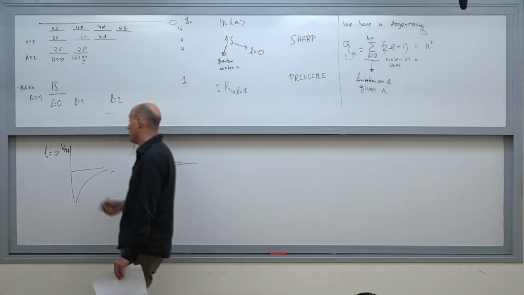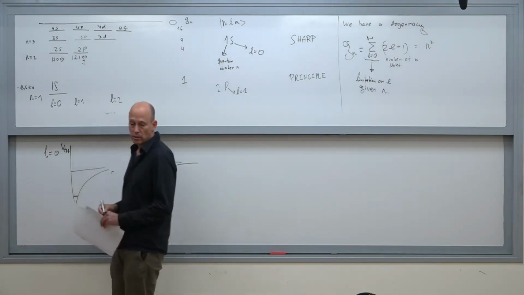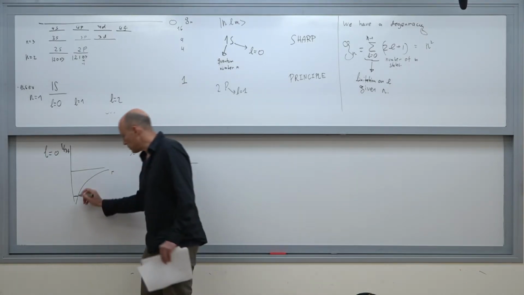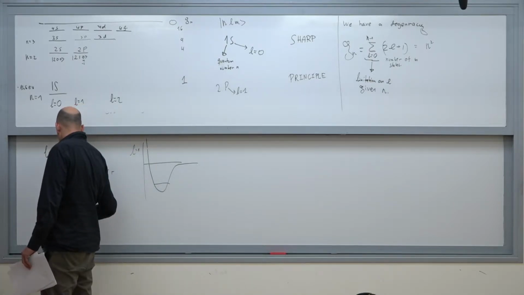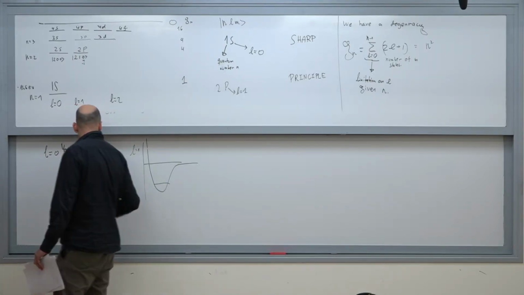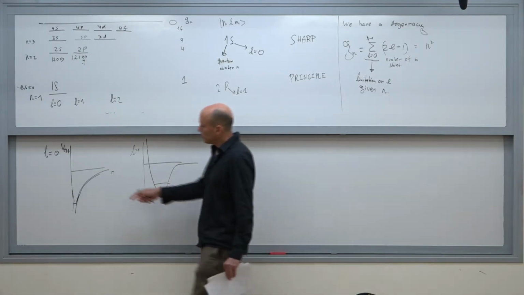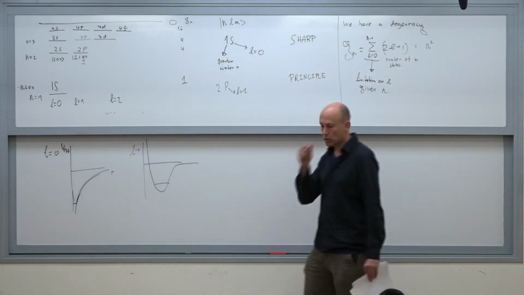Somehow, at least for me, it's very natural to assume that this one has a lower ground state compared to this one. As usual, my drawings are very bad, but the reason is that you added a positive potential. This potential can go to minus infinity because the Coulomb potential goes to minus infinity.